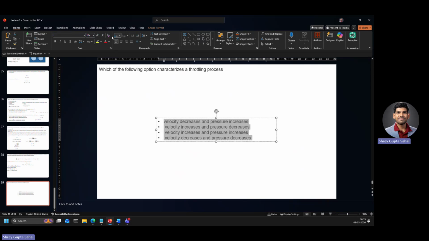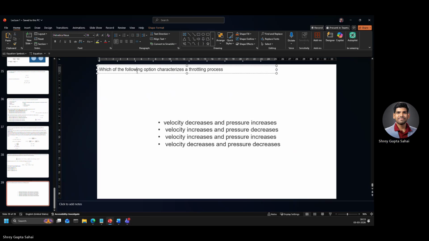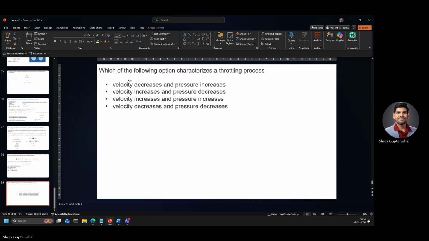Indeed, it's quite interesting. Maybe we can have some discussion on this part, because throttling is not generally discussed to a good depth in introductory courses like this one.